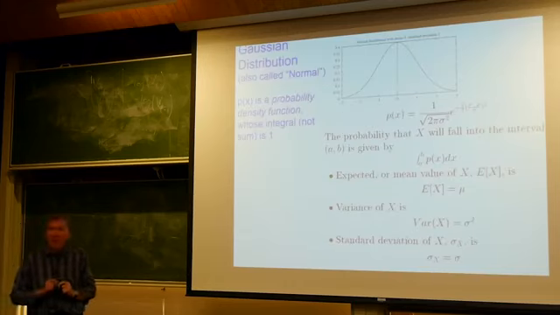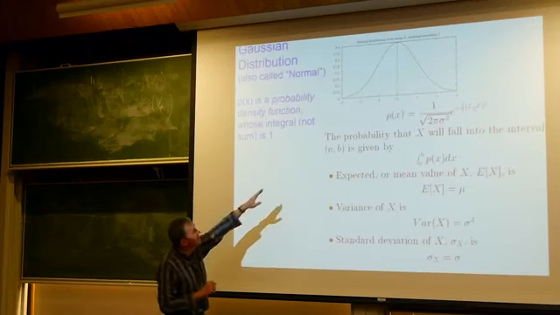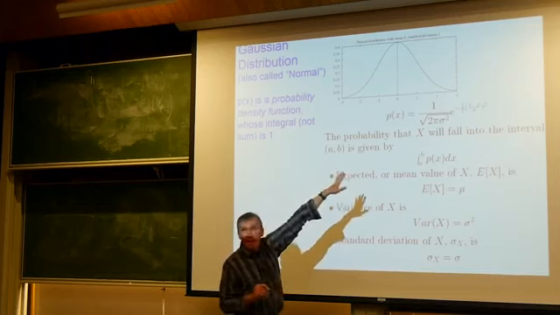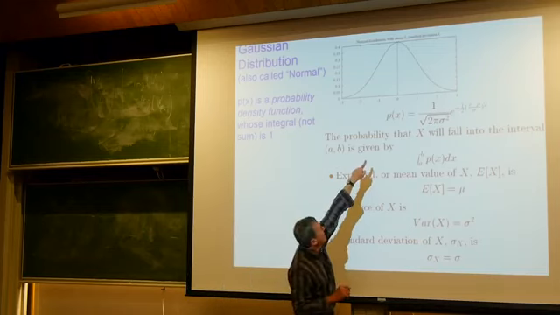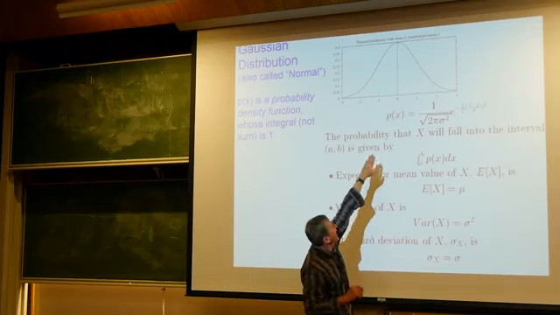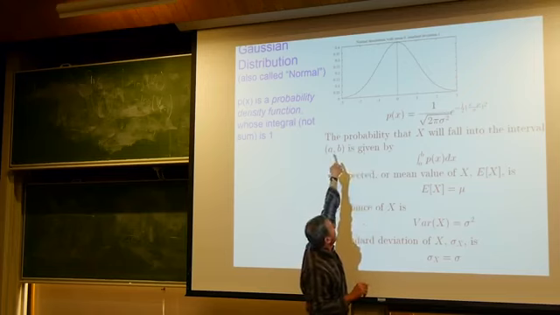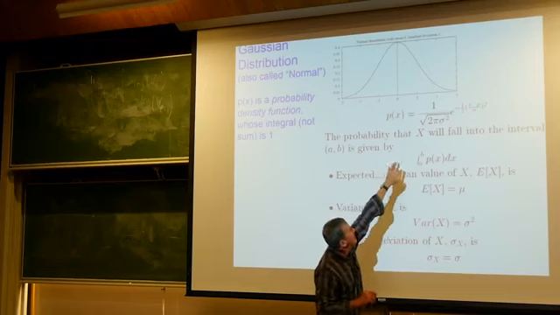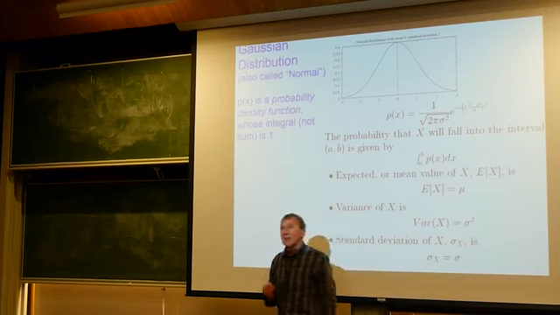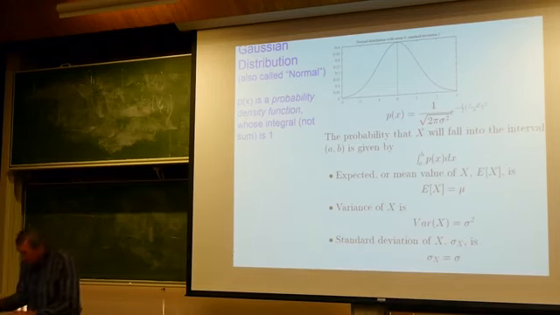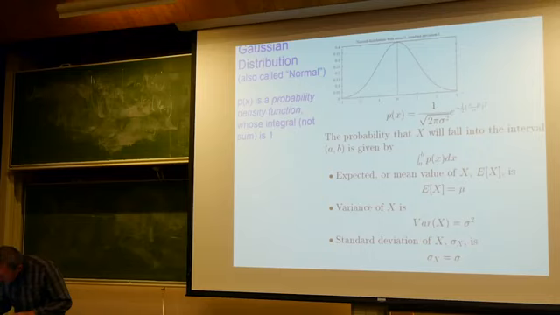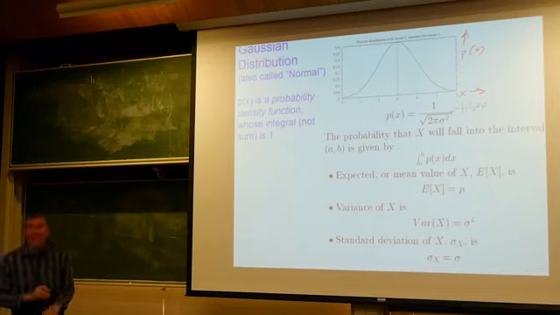And many of you are familiar with a Gaussian distribution. It looks like this. We say that the probability density for any given value, any given real value x, is this quantity. But if you plot it, here I have x on the horizontal axis and probability of x on the vertical axis.